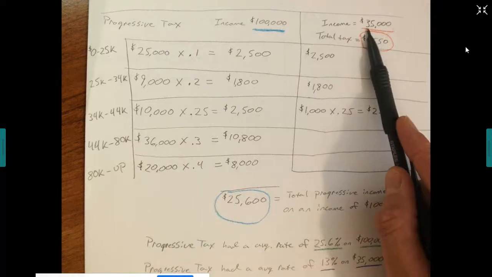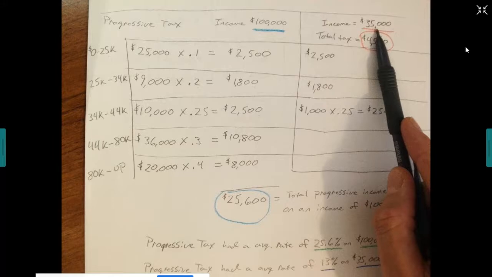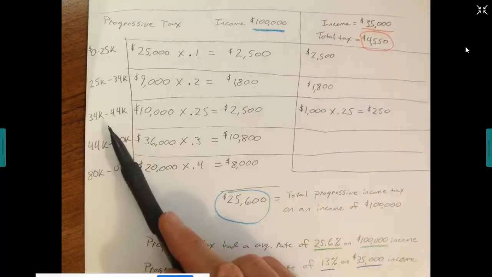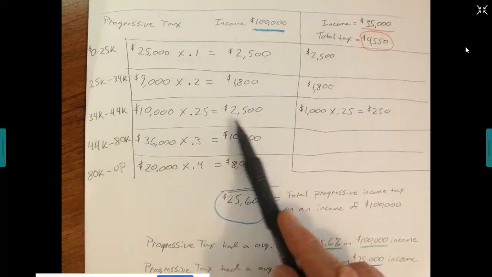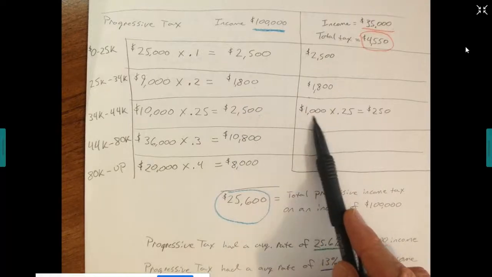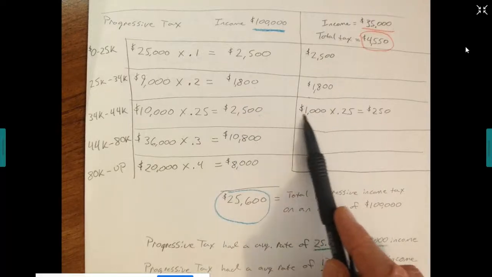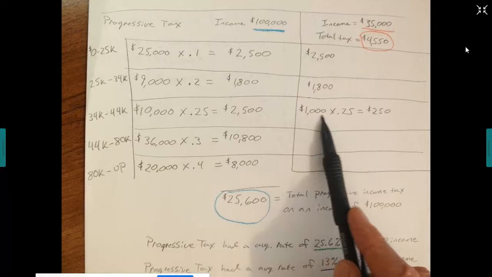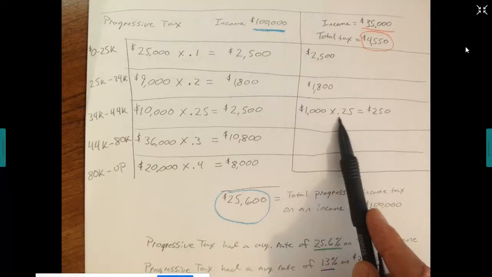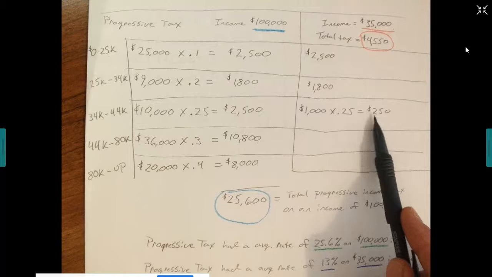So we have already paid taxes on the first $34,000. There's only $1,000 worth of income we have not paid taxes on. So that $1,000 worth of income here is going to be taxed at a rate of 25%, or $250.